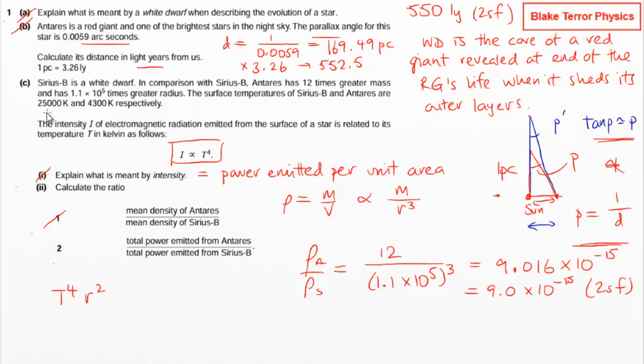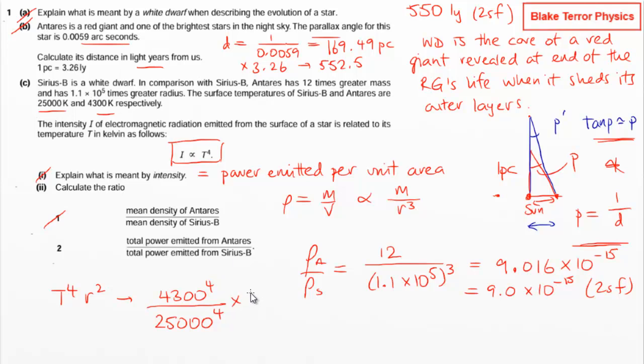But this time is not all relative because they've actually given us some temperatures. So that means we're going to have 4300 to the power of 4 divided by 25000 to the power of 4. That's our ratio of temperatures, or intensities in this way, temperatures to the power of 4. And then we've got the radius is just that straight multiplier.